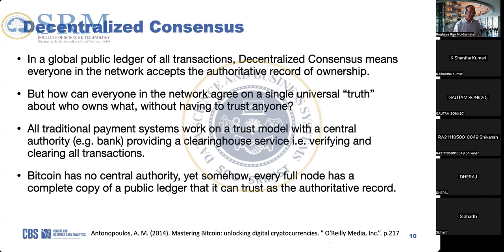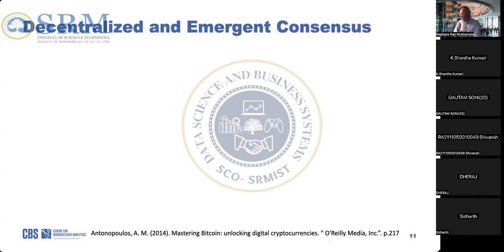No one says which is the current authoritative copy. On the other hand, all the nodes come to the same conclusion about the current state of the public ledger, the authoritative record of the transactions.